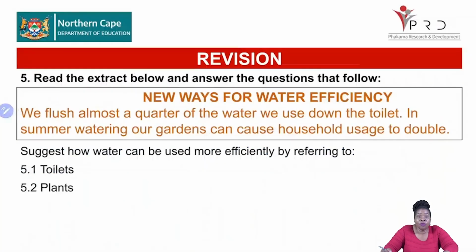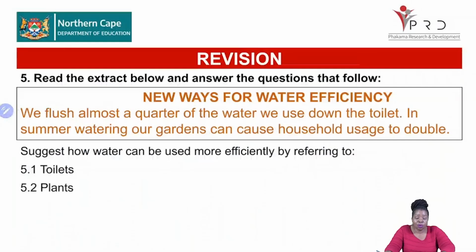And then we move on to question 5, says, read the extract below and answer the questions that follow. So I'm going to read the extract to you, learners. It says, new ways for water efficiency. We flush almost a quarter of the waste water we use down the toilet.